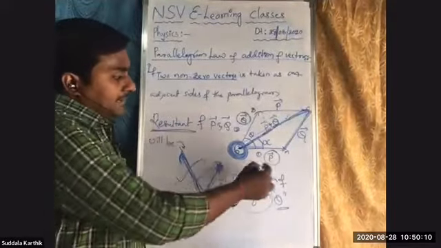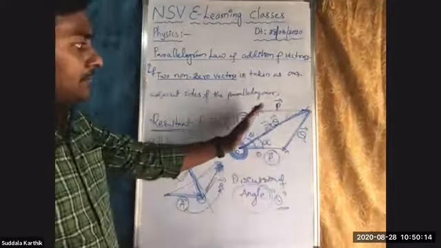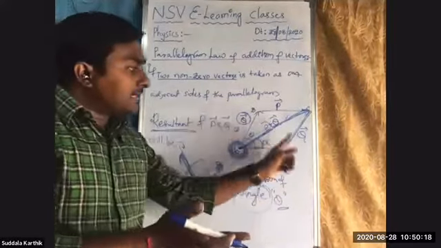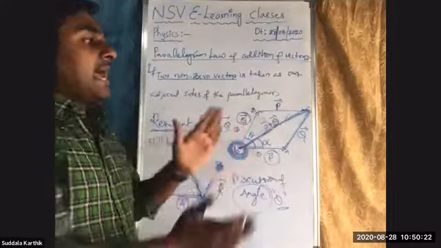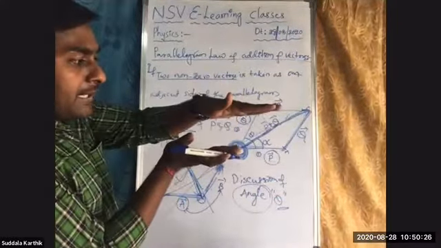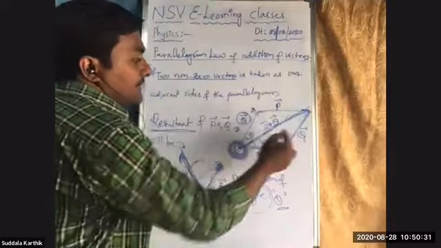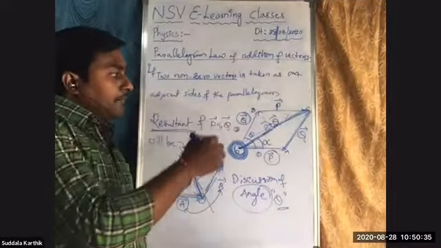See, definitely P bar, because according to the laws of parallelogram, opposite sides are equal in magnitude and parallel to each other. These two are parallel to each other, and these two are parallel to each other. Is it okay? Okay, sir, P bar understood.